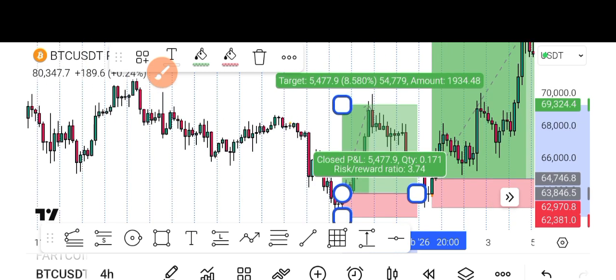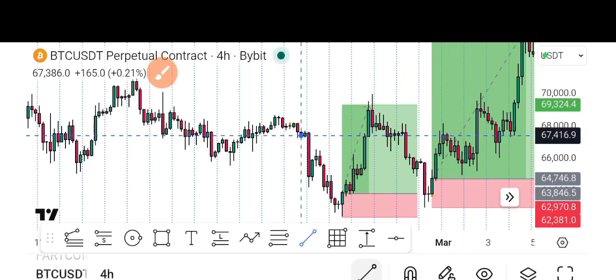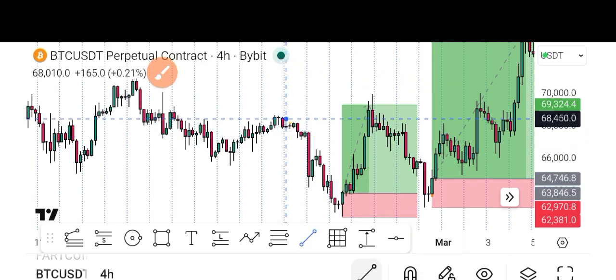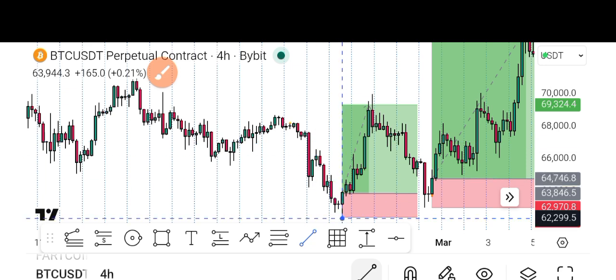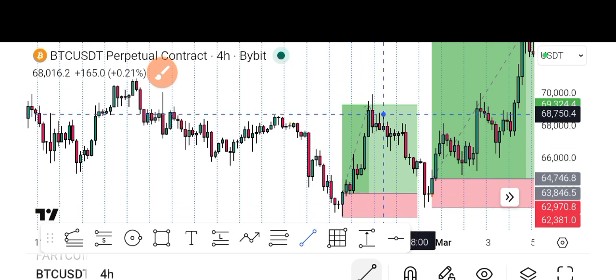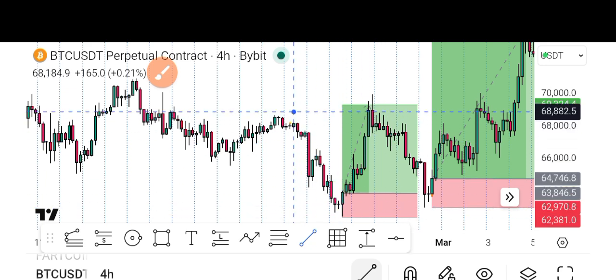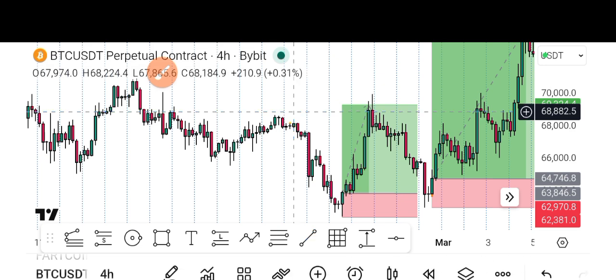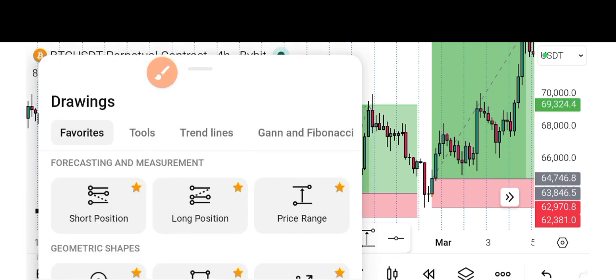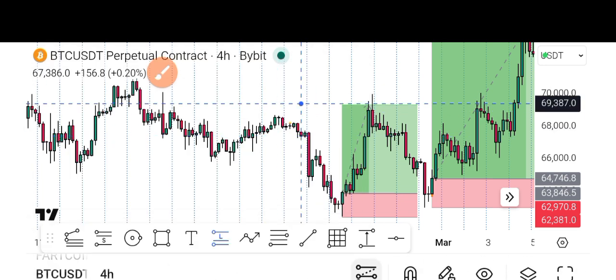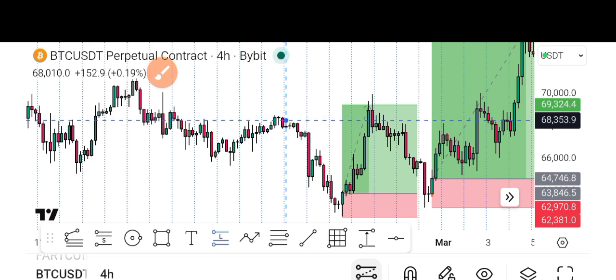Wow, there's another one here. It's a short. It came down here and another one appeared and it went up. So let's see what this one has. This is just an example. You can practice it to get perfect.